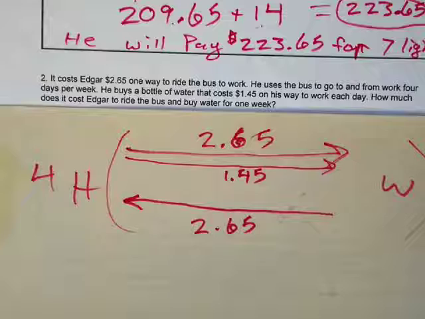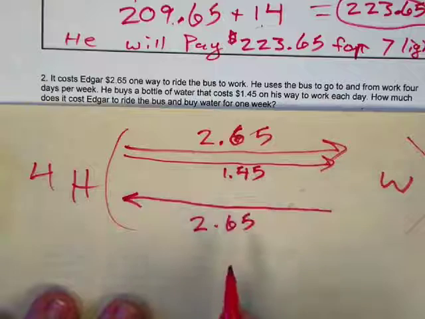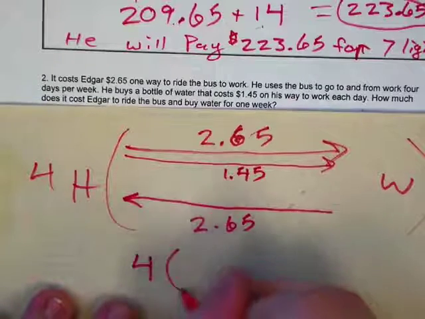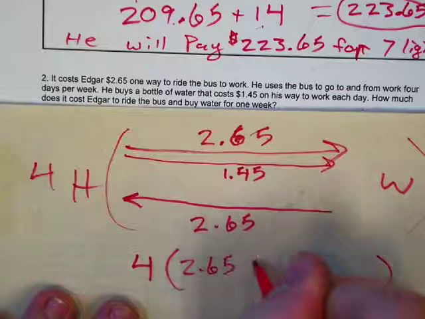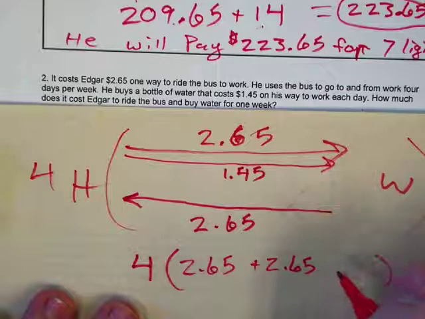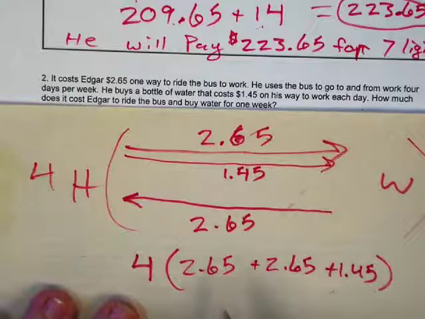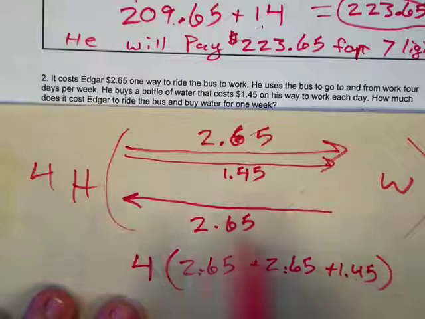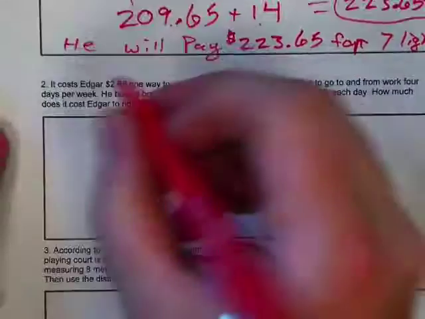Visually, we can see it, and we say we're going to have 4 times that, 4 times that, and 4 times that. So set it up like that. 4 times all of that, 2.65 plus 2.65 plus 1.45. Because remember, he goes to work, then home from work, and then he buys 1 bottle of water as he's going to work. So now we have it set up.